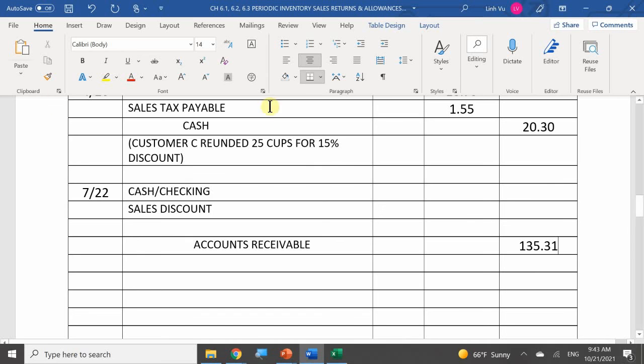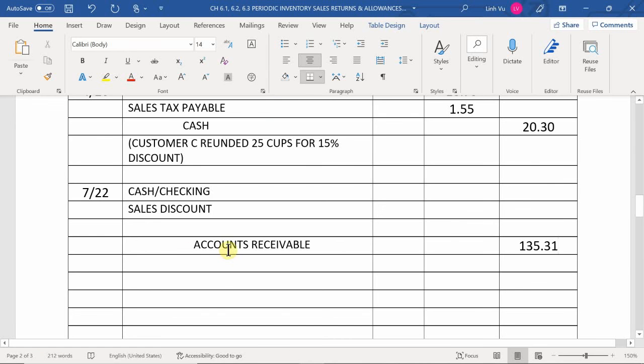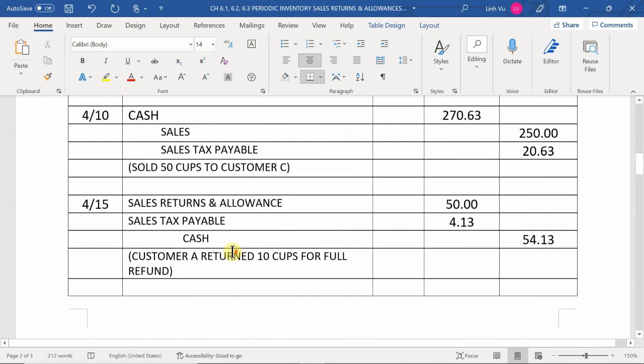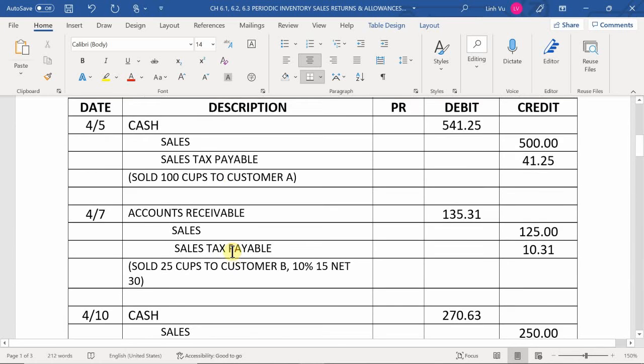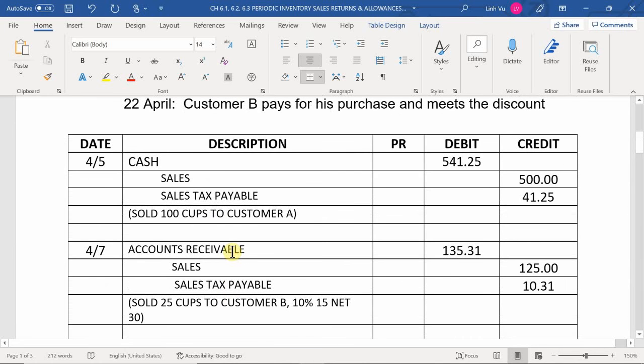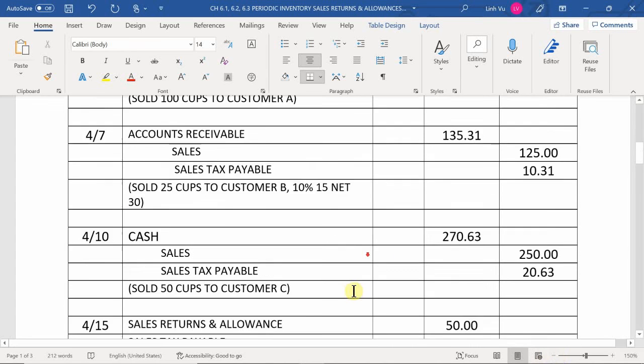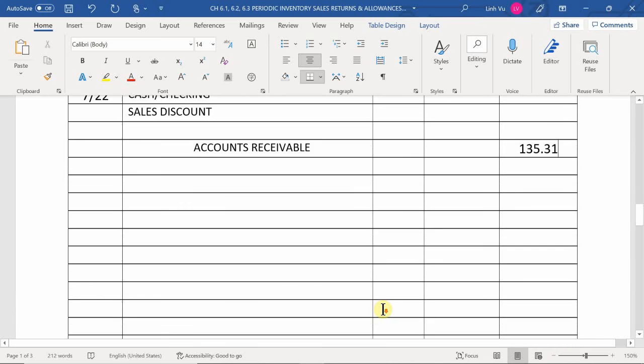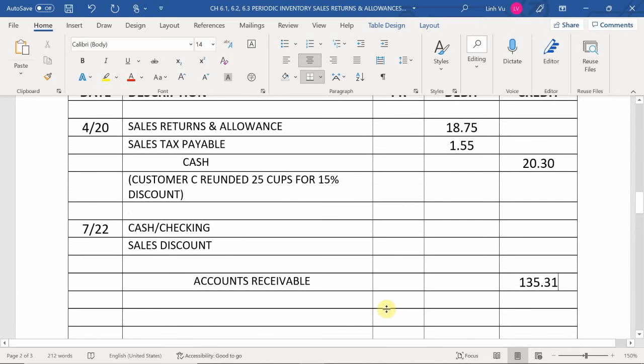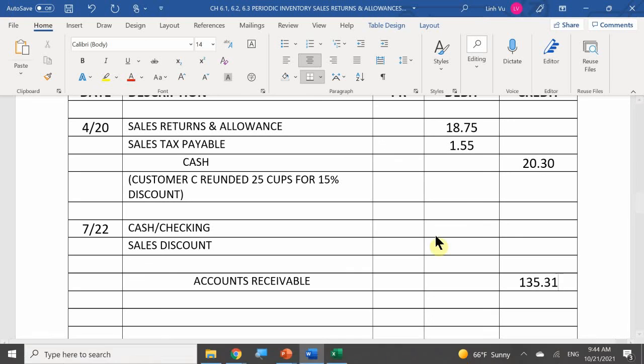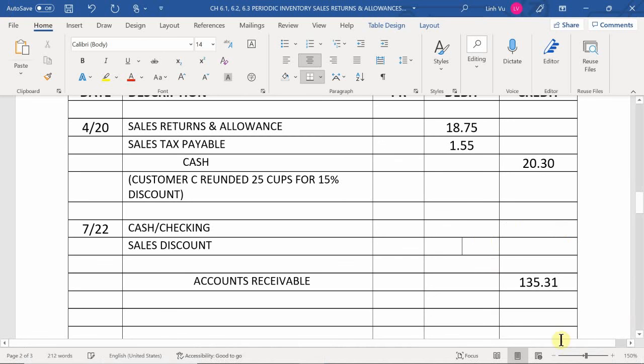So what did I originally charge them for the total amount of sales? What was the original amount of sales? 125. I originally charged them $125, but because they received a 10% discount, how much is that discount going to be? 12.5.